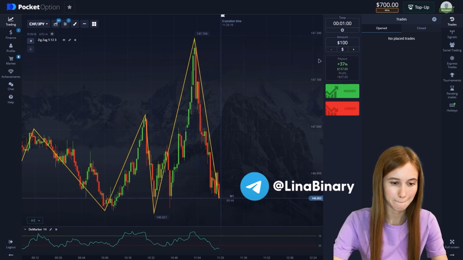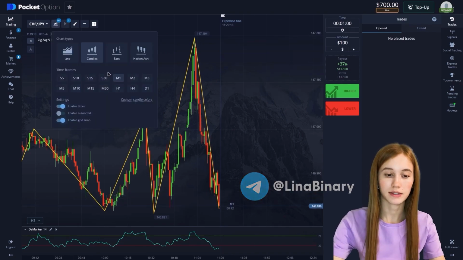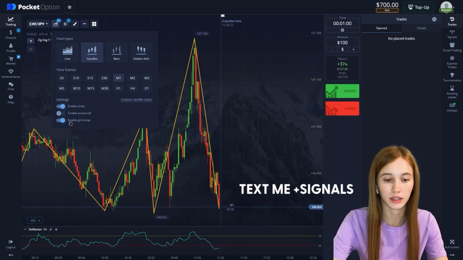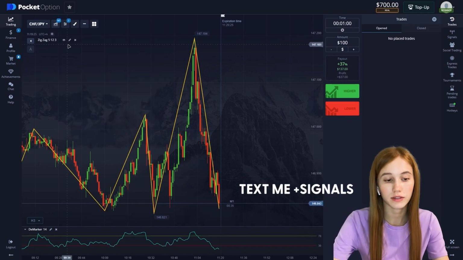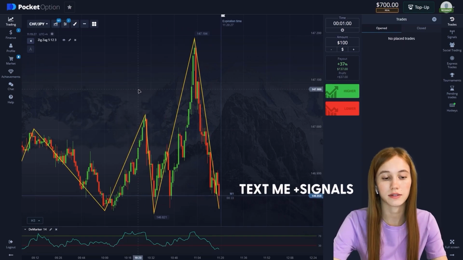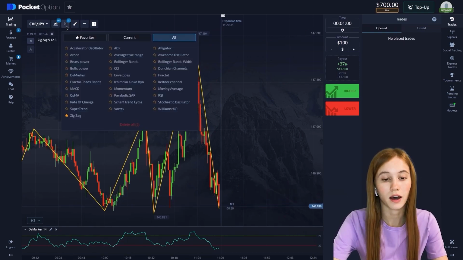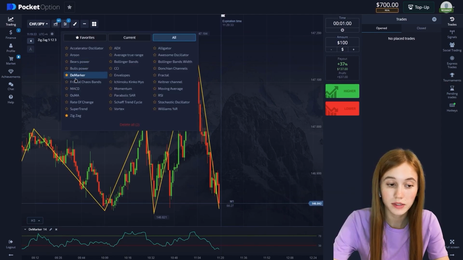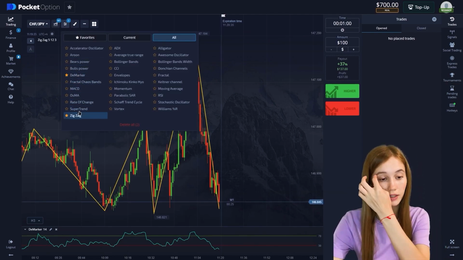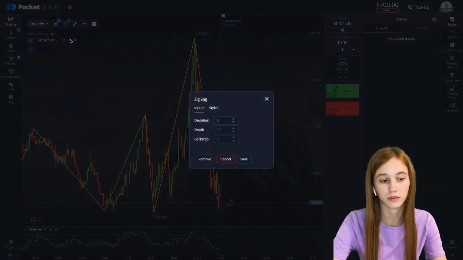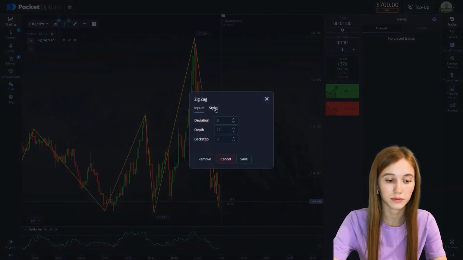So let me show you the zigzag settings, here are the settings for anyone who needs to copy them. In general, this indicator operates on a simple principle. It highlights the highest and lowest points of the chart, and it directly connects them with lines, ignoring small fluctuations.